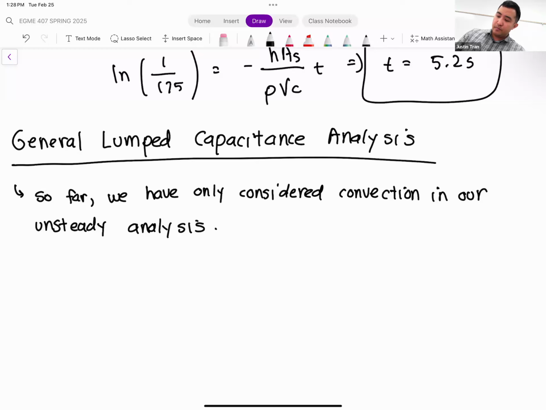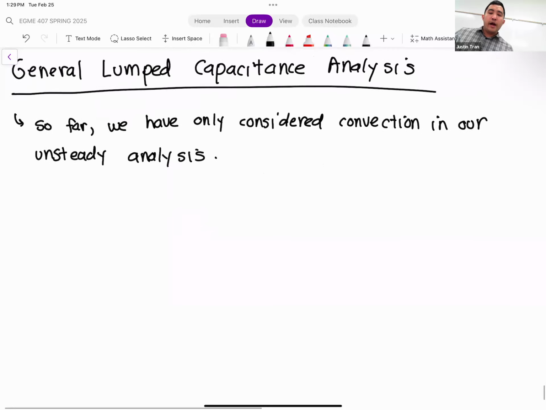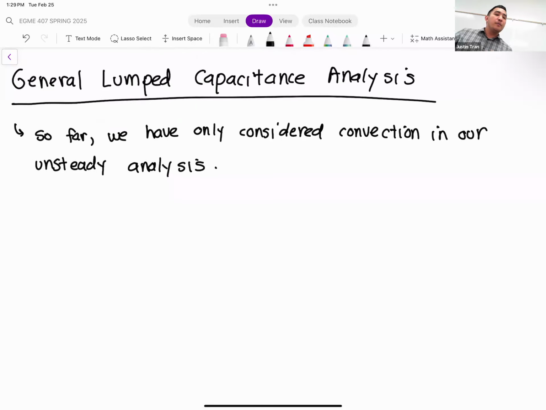And so that gave rise to the lump capacitance ordinary differential equation that we looked at before. But in reality, there are lots of different sources of heating and heat loss that we can consider as well.